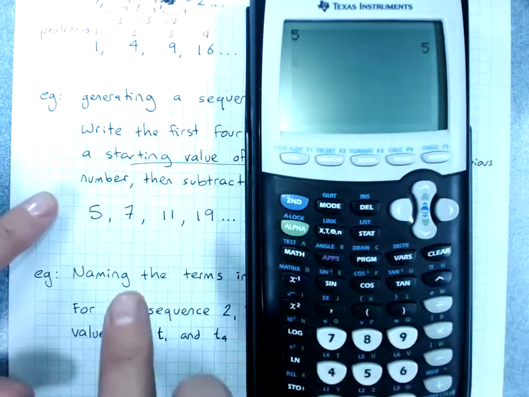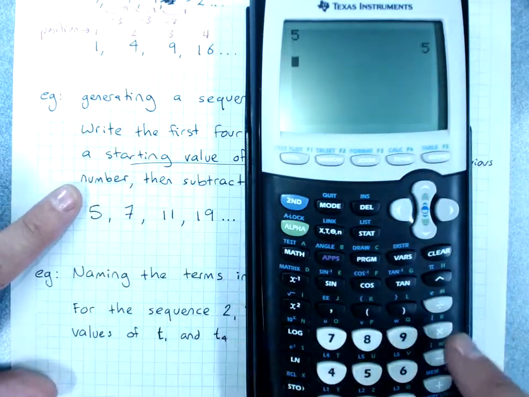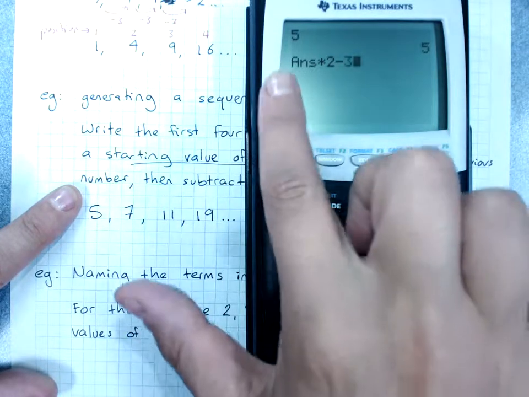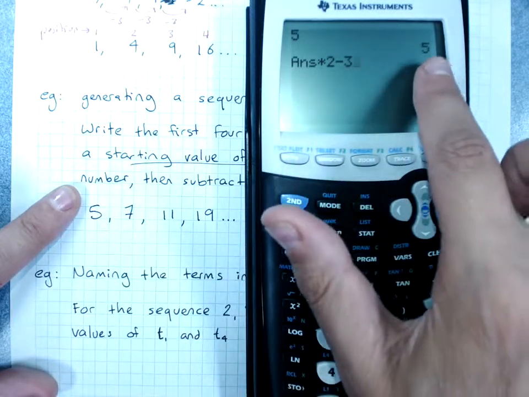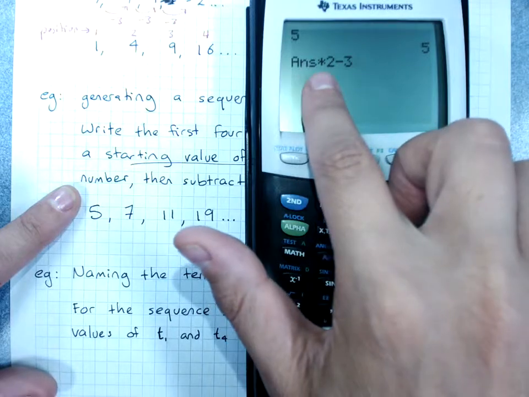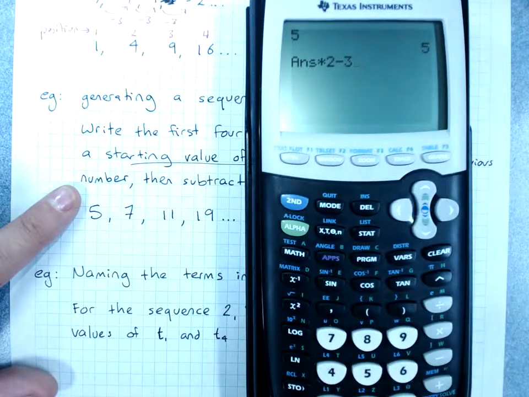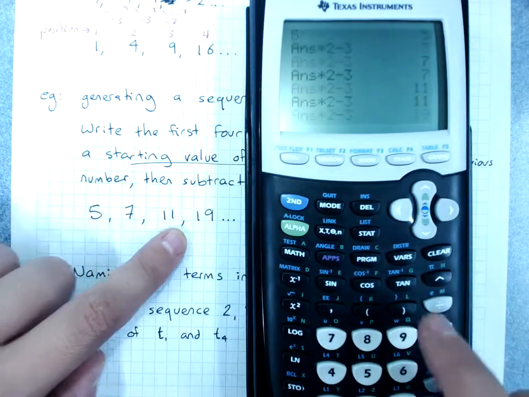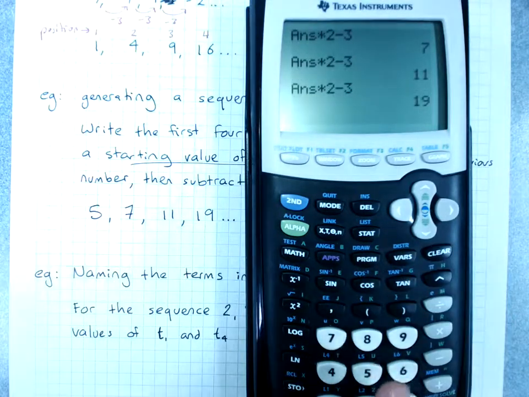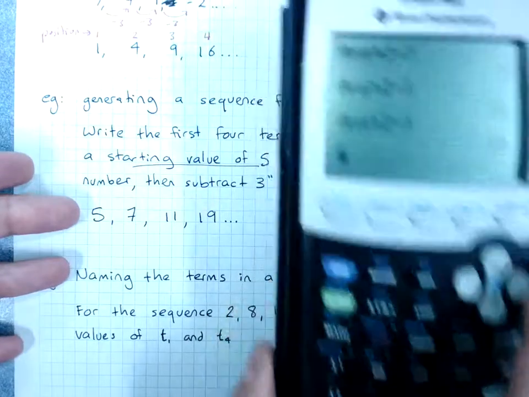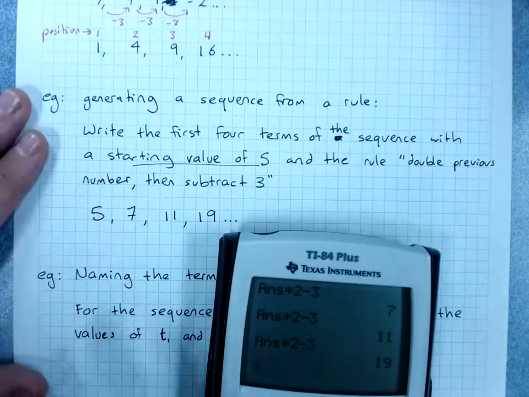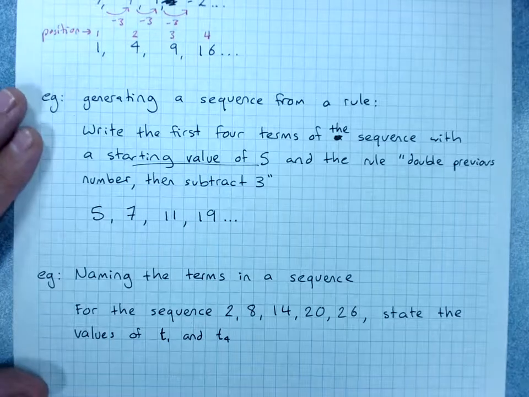Then I need to multiply by 2 and subtract 3. If you do times 2 minus 3, it takes the previous value of 5, multiplies by 2 and subtracts 3. Hit enter. 7, hit enter again. 11, hit enter again. 19. So any recursive number pattern where you use the previous value to get the next value, you can get on your calculator with no worries.